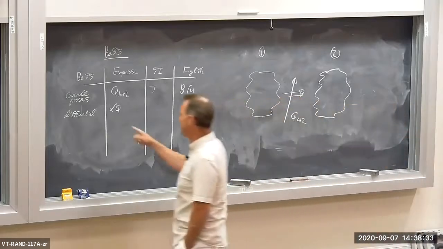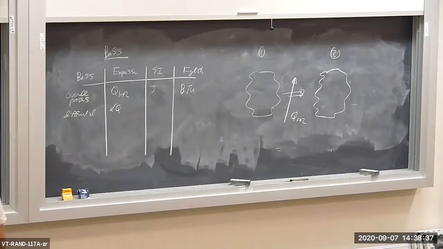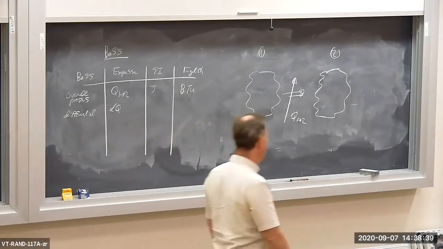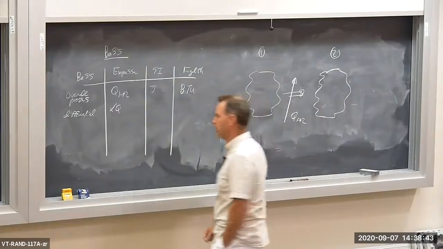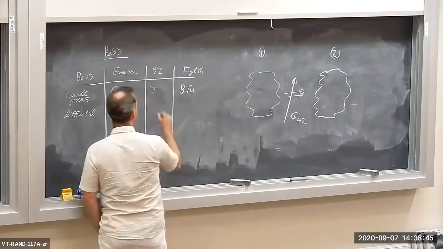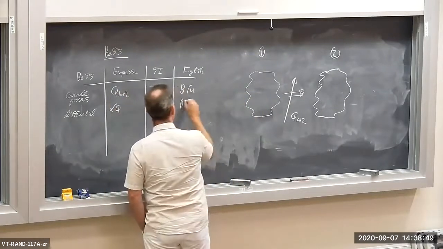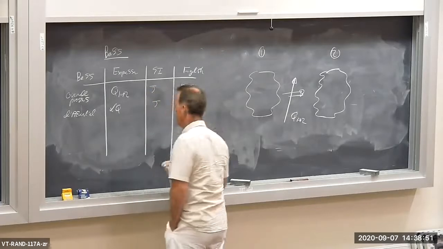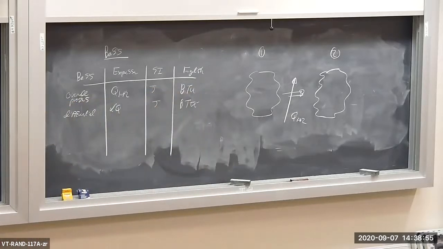So instead of writing dq, you write delta q, the Greek letter lowercase delta q, because heat is a path function. Units are energy. Okay? It's just a small process, a differential process.